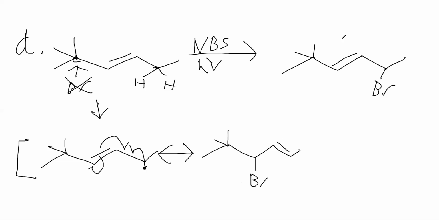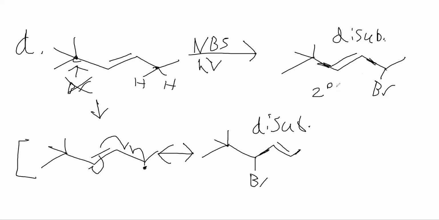Okay, so again, let's look at the stability of the alkenes. This one has two substituents, so it's di-substituted. And this one also has two substituents, so it's di-substituted. And then both of these positions with the bromine are secondary.